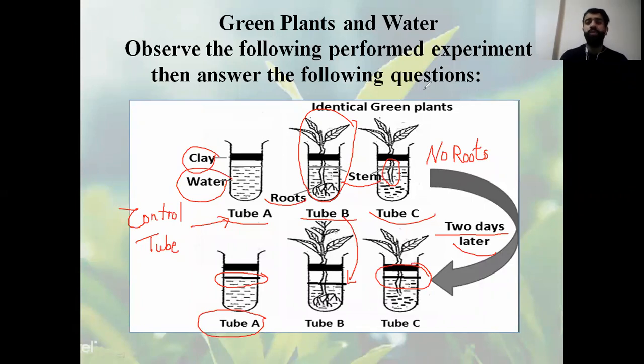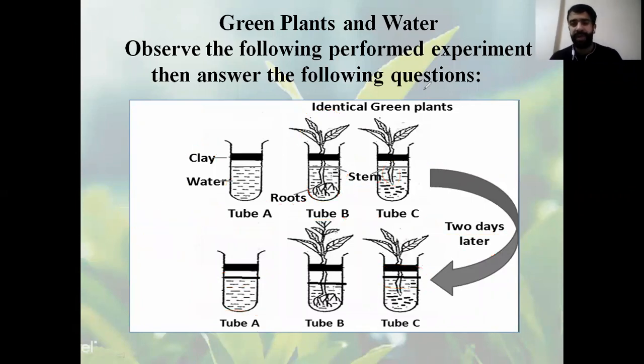Let's start first with tubes A and B. If I compare tubes A and B, both of them contain clay and water, but tube B contains a plant. However, in tube A, there is no plant. Tube B and C, what is the variable factor?